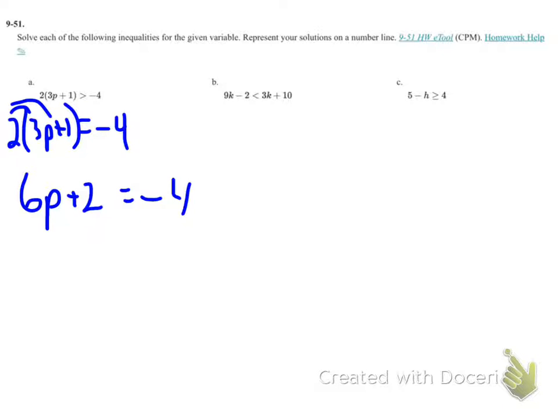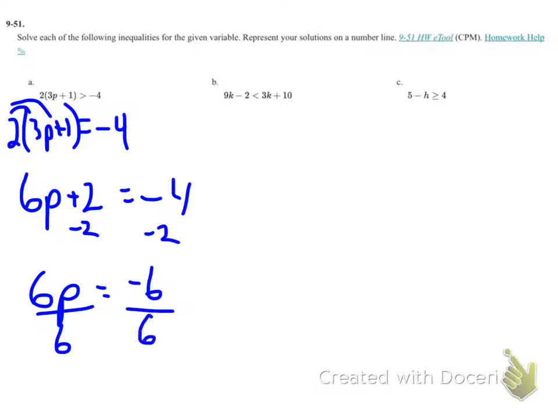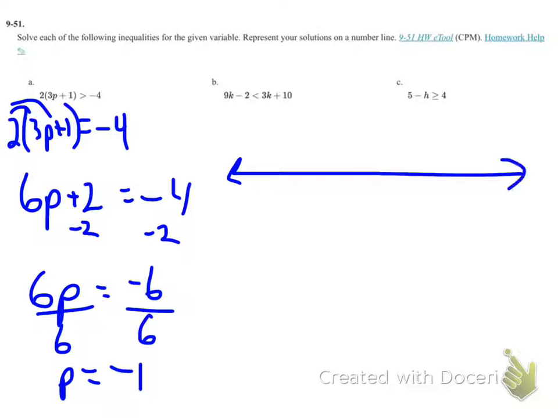Move the 2 by subtracting it from both sides, and 6p equals negative 6. Solving for p, I get p equals negative 1. What that means is that negative 1 is now my boundary point, so that's where my circle is going to go.